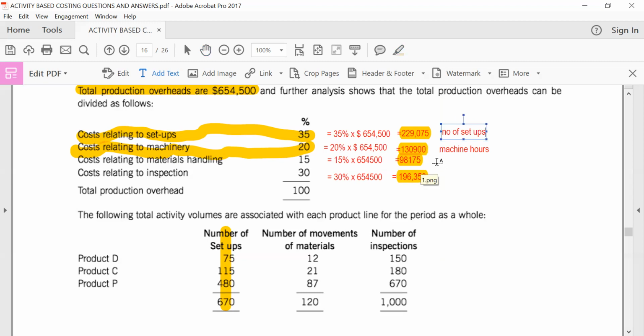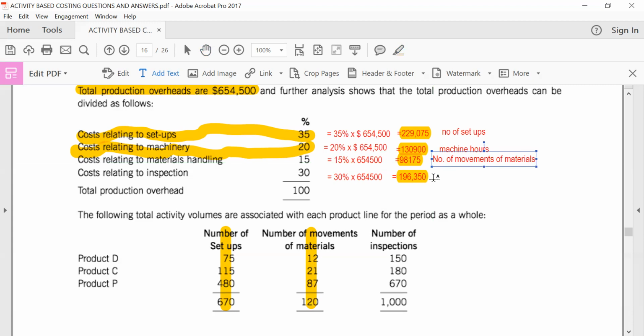Then in the case of material handling, the examiner has given us number of movements of materials. That's already given us that element, so we can move on, right? So material handling cost driver is going to be number of movements of materials.